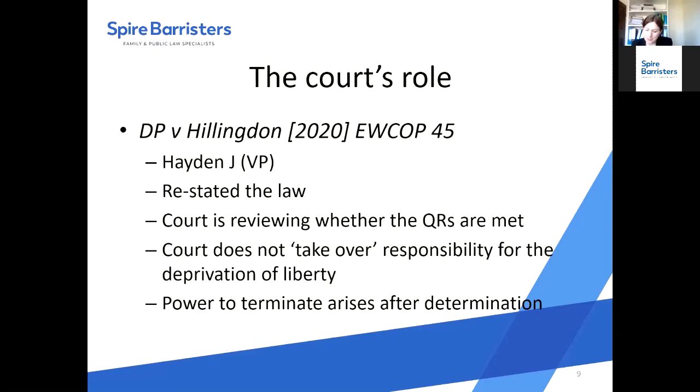when he said that once an application is made under section 21A, the court's power is not constrained to determining the question of whether P meets one or more of the qualifying requirements. The court also has the power to make declarations under section 15 around capacity to make any decision. And once such a declaration is made, we know the court has the power pursuant to section 16 to make decisions on P's behalf.